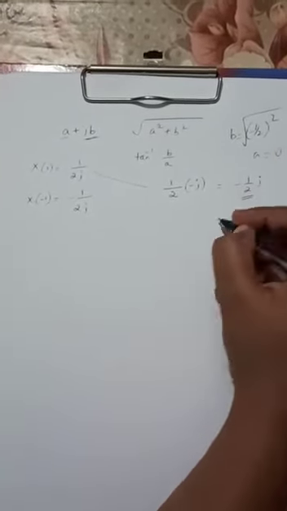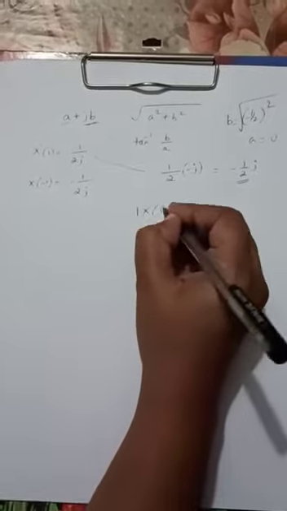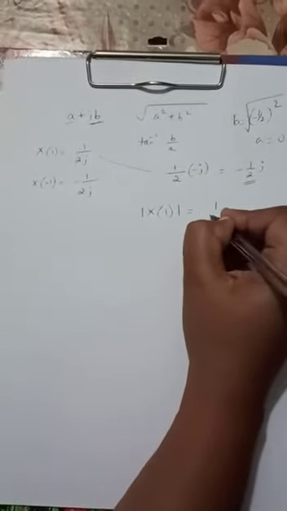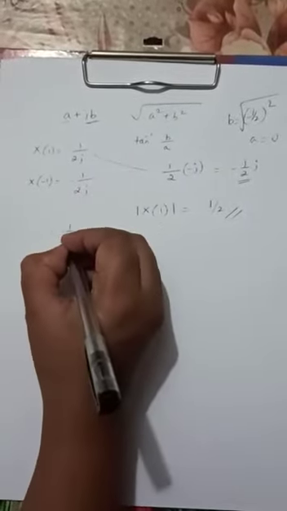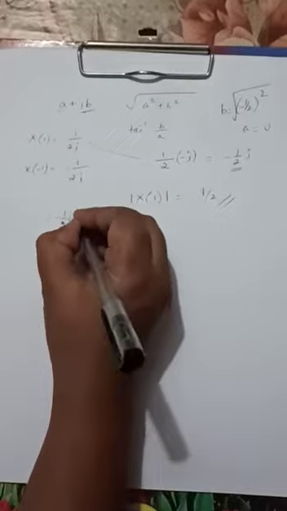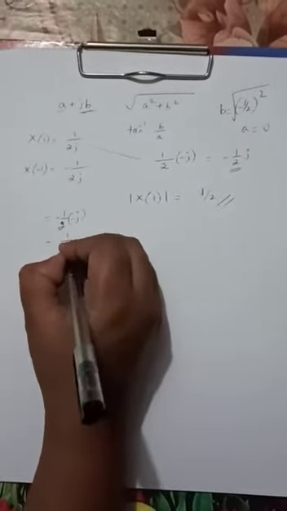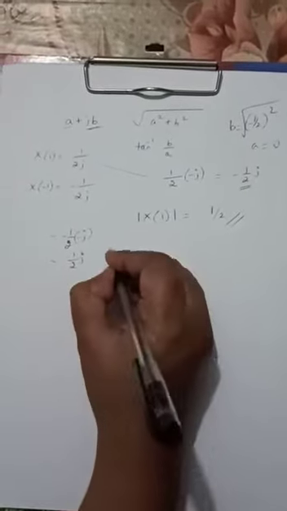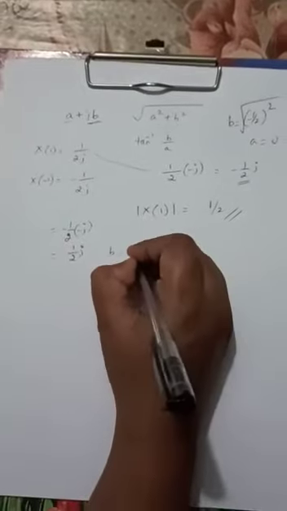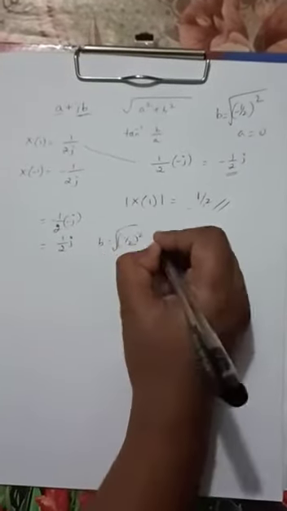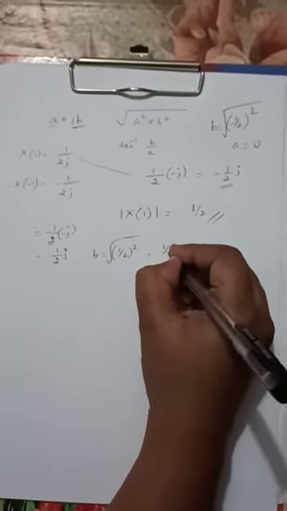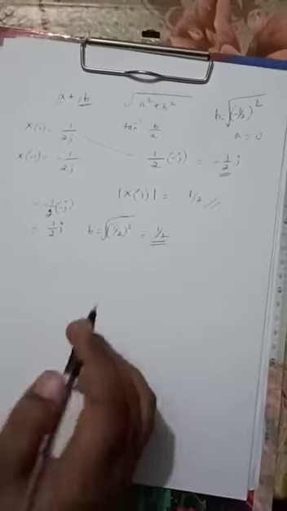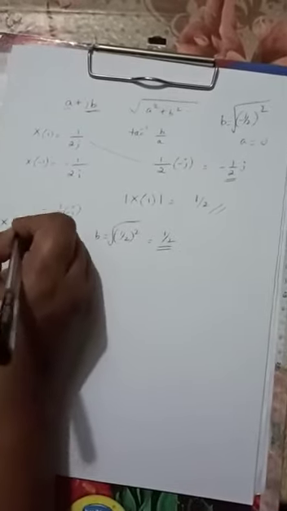So the magnitude of x of 1 is half only. Similarly for x of minus 1, minus half, if this j goes up it becomes plus j, so b is positive half. The square and square root cancel, and you are left with only half. So this is the magnitude for x of minus 1.